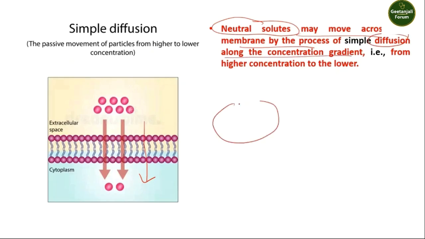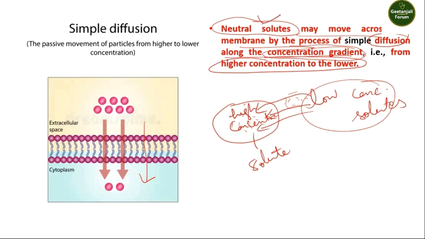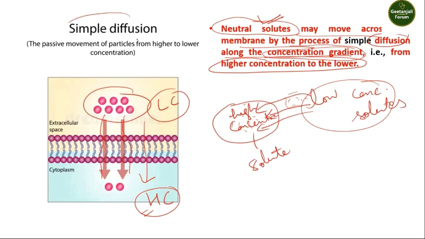Inside a cell, some molecules are found inside it and some are found outside the cell, which forms a concentration gradient. Then movement of molecules will be from high concentration to low concentration. So molecules will go inside the cell because movement is always from high concentration to low concentration. So these neutral solutes can go inside the cell by simple diffusion through the plasma membrane.